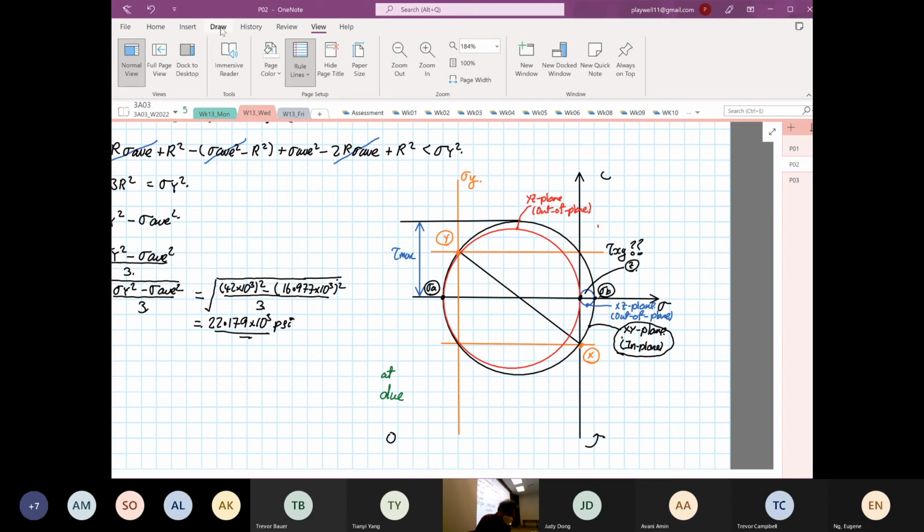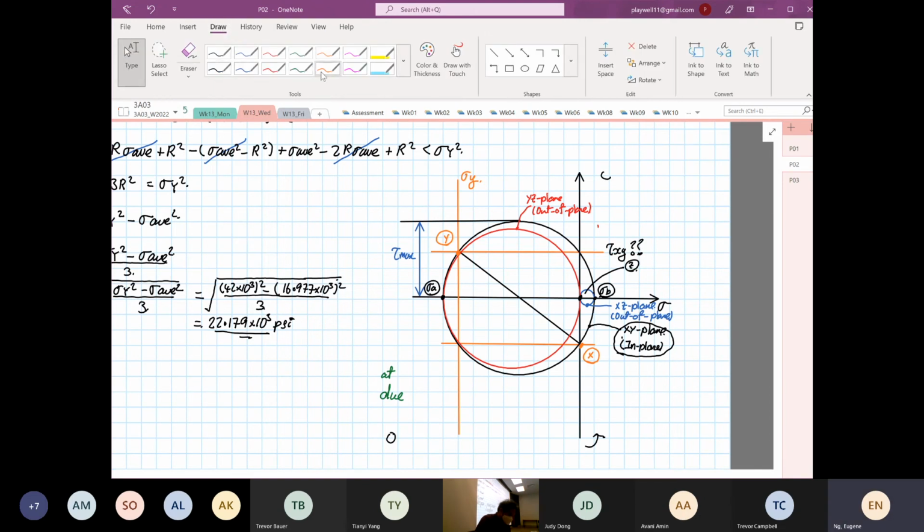We have already found that our stress average, over here, we already identified the distance from here to here, or either one.